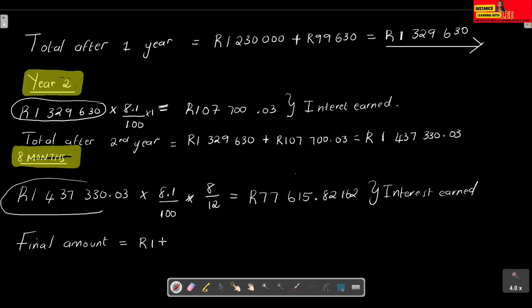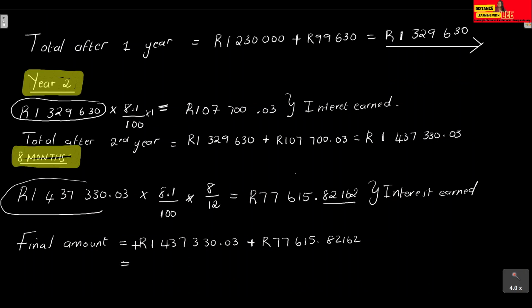1,437,330.03 plus the interest earned of 77,615.82162. I didn't round off here, guys, because I want to maintain the accuracy. I'm only going to round off the final amount.